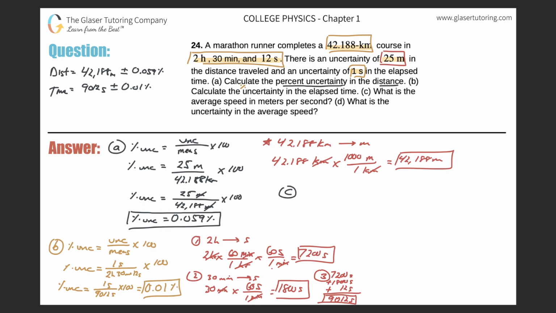Okay, so now what we need to do, it says in C, again, what is the average speed in meters per second? So we need to calculate meters per second.